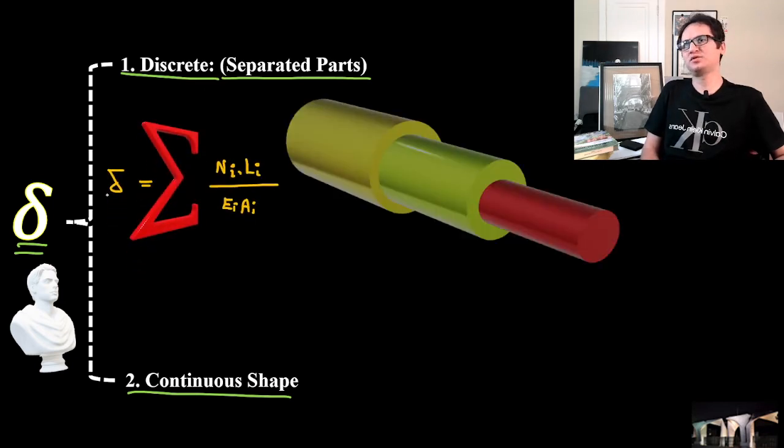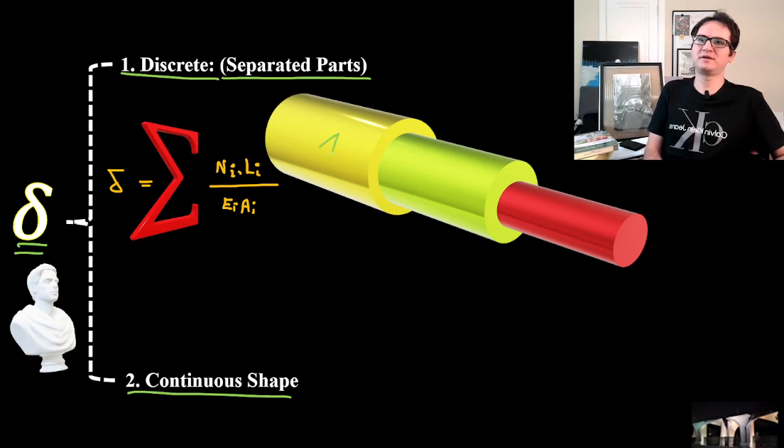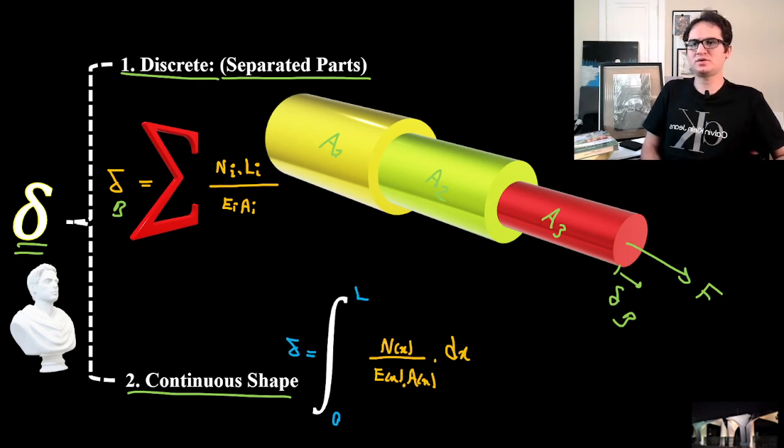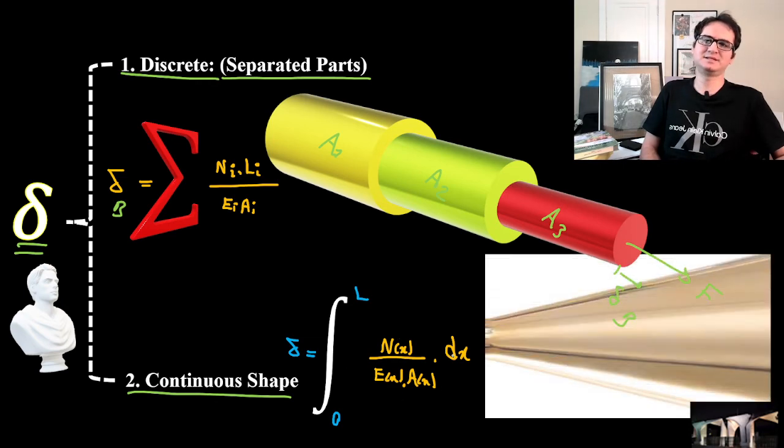For the first case, for example, if you have a shaft with parts A1, A2, A3 and you apply a force, the deformation or elongation at the far end, delta B, is the summation of N1 L1 over E1 A1 plus N2 L2 over E2 A2, etc. If you have a continuous shape, it's the integration over the entire length of N(x) dx over E A(x), for something like a continuously varying cross-sectional area.